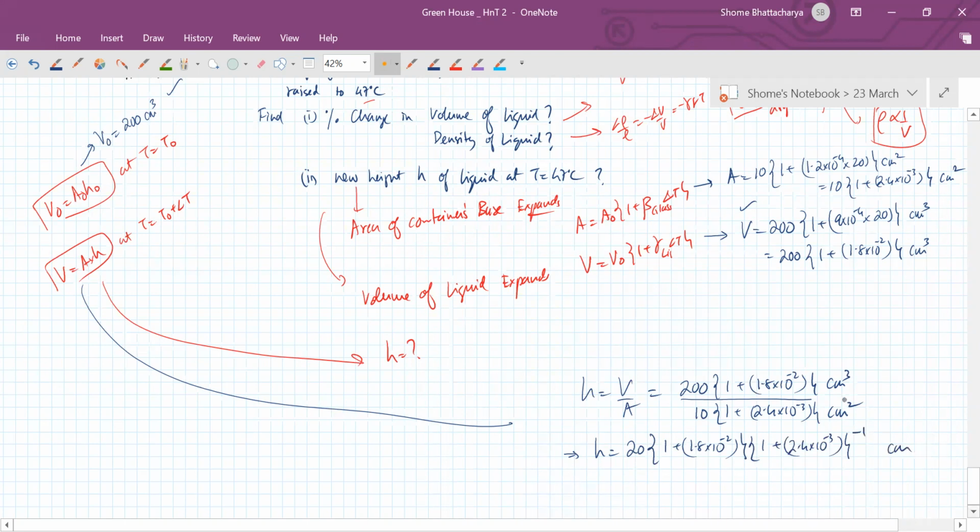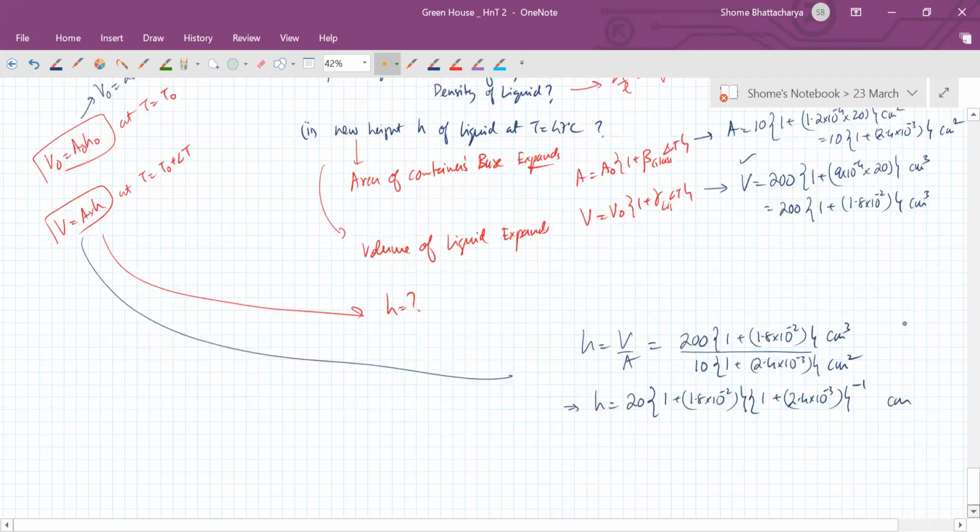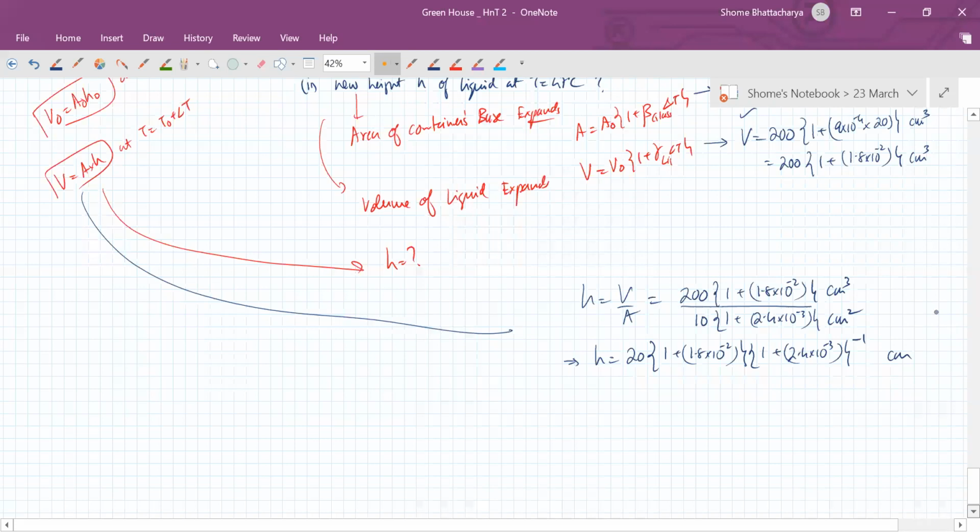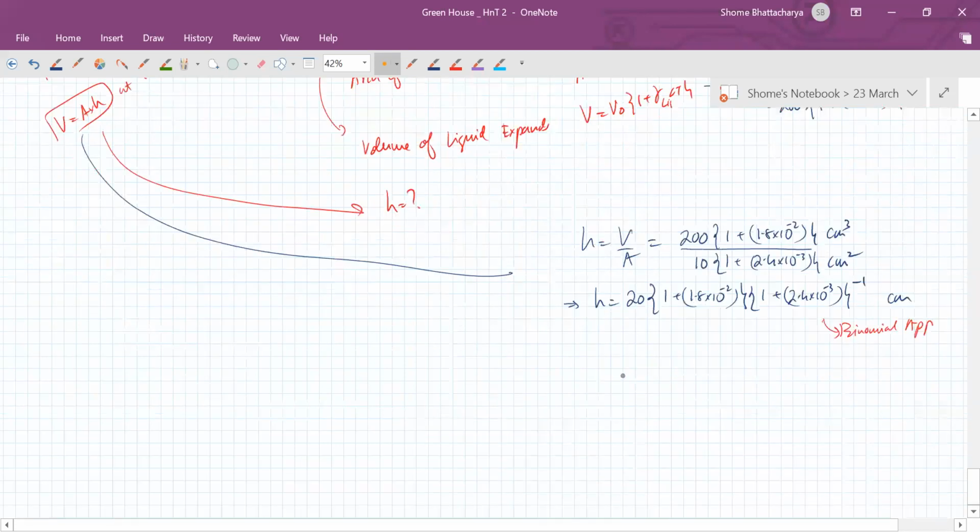Okay. And in the next step again we'll use the binomial approximation. So we'll bring the power inside. So this will become 1 minus 2.4 into 10 raised to the power minus 3. Okay. And next we'll open this bracket.